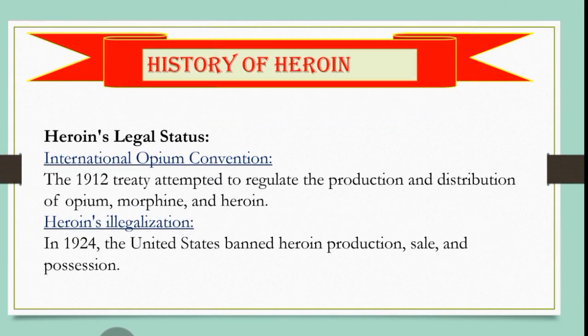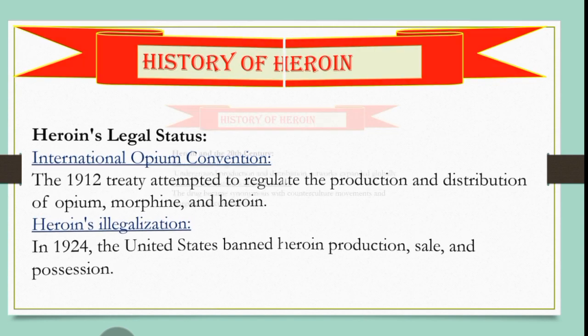The International Opium Convention in 1912 was a treaty attempting to regulate the production and distribution of opium poppy flower, morphine, and heroin. Then in 1924, the United States banned heroin production, sales, and possession because people used it as a drug and became addicted to it.